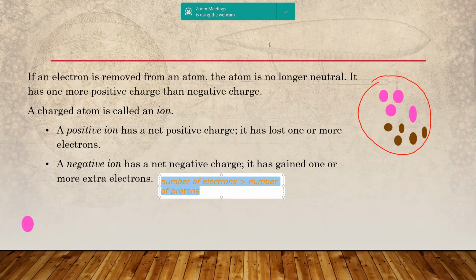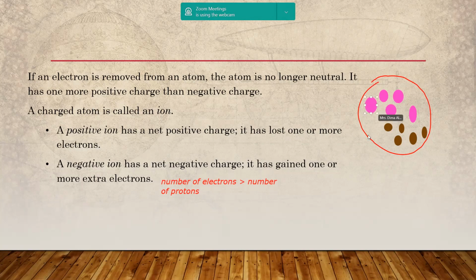Because of that, if the number of electrons is greater than the number of protons, the ion here is negatively charged. I will say now I have a negative ion. The negative ion has a net negative charge. It has gained one extra electron.